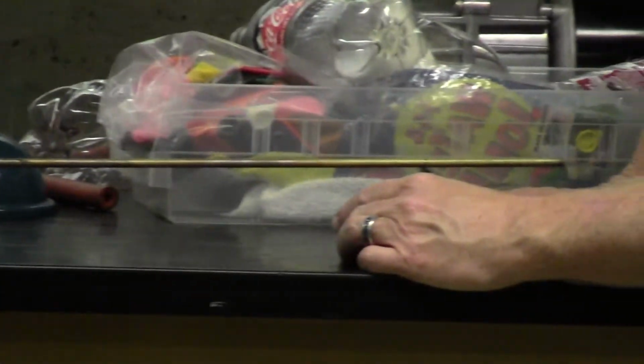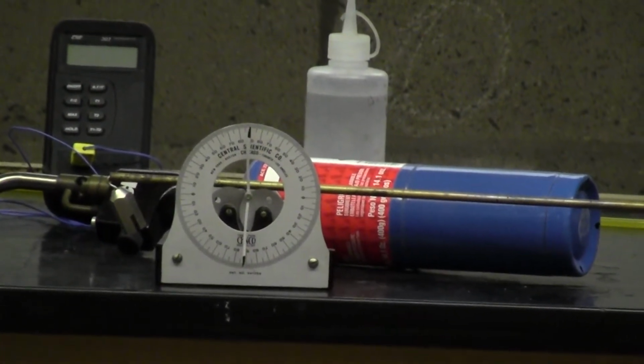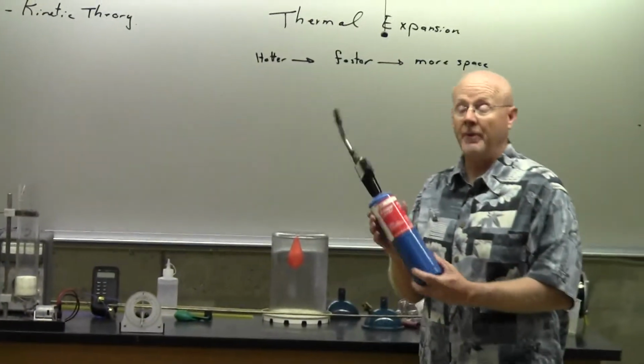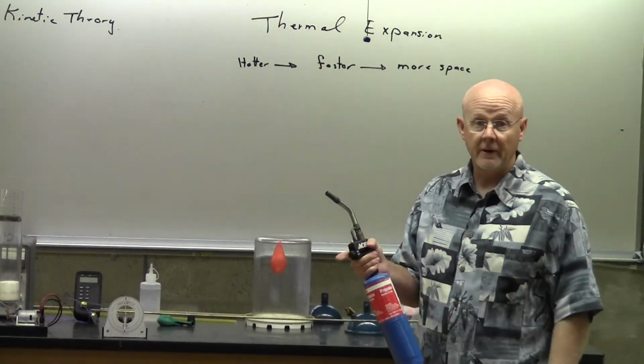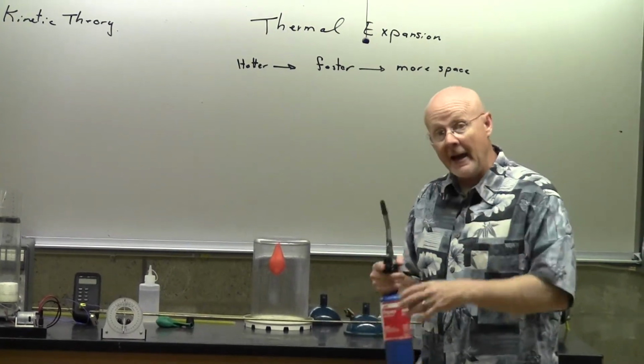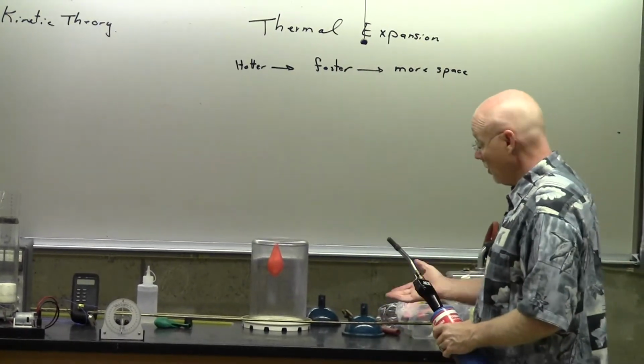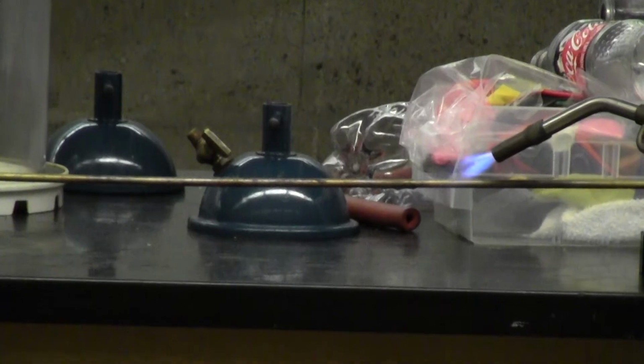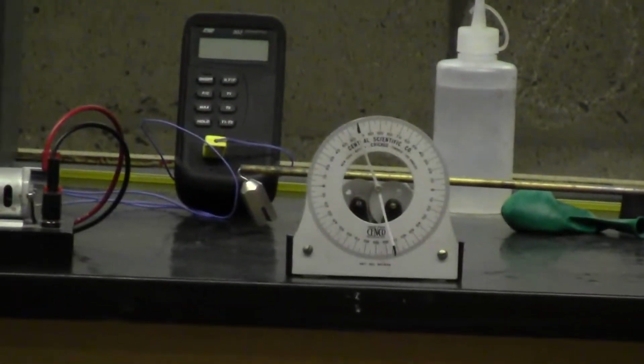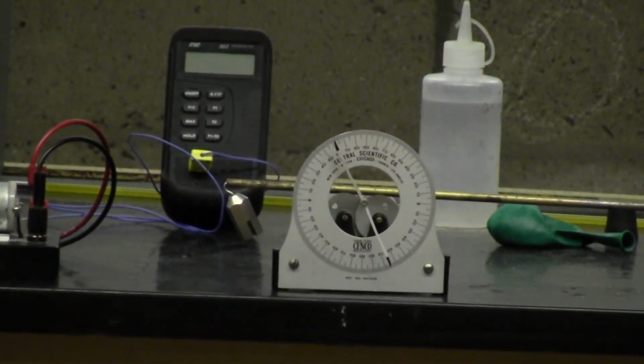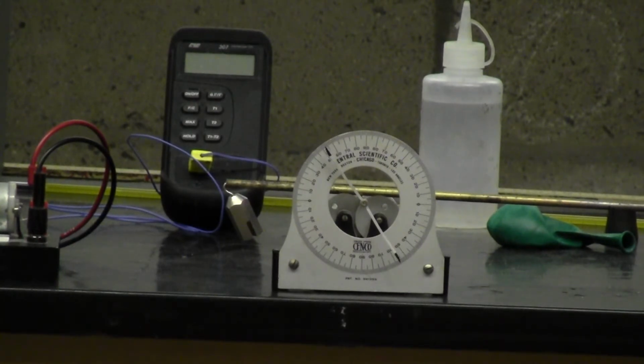So let me do this. Let me start with the needle straight up. And then let me take the propane torch here. What do you think will happen if I then warm this brass rod? As I warm the brass rod, I'm hoping you'll see that the needle starts moving.